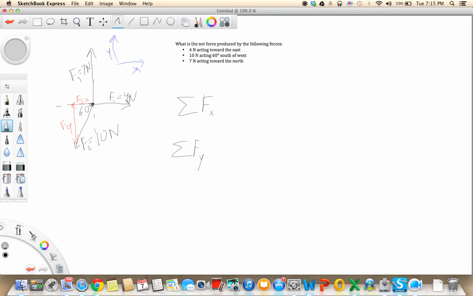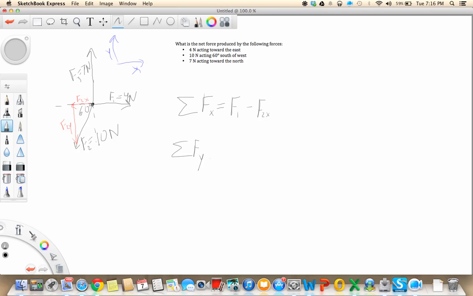All right, so we are going to set up what's happening for each the x and the y. I can see here that my force 1 is in the positive x direction, and force 2 has an x component that's going to be in the negative because it's in the opposite direction of what I chose to be positive.